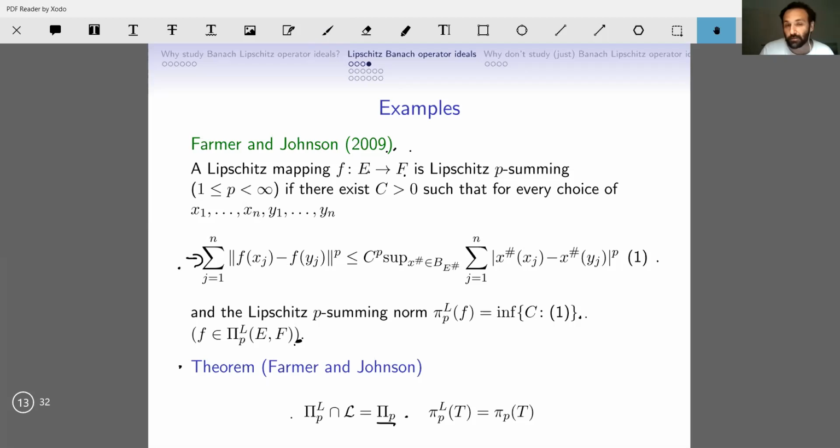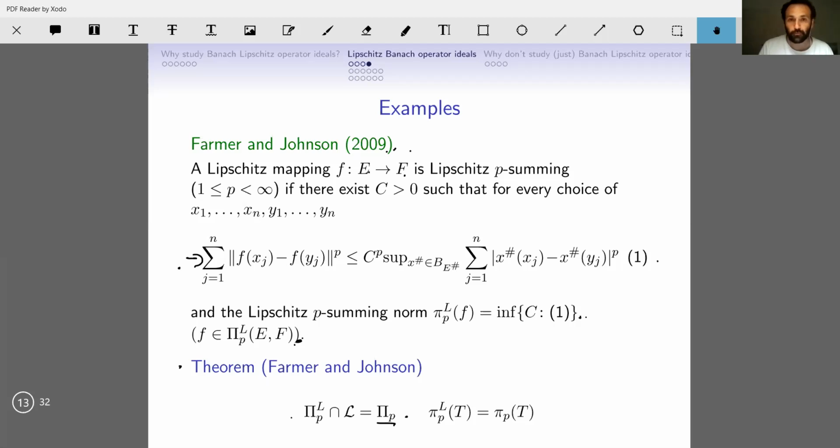This example was very inspiring for many researchers, and inspired by this article, many authors have introduced a lot of Lipschitz mappings that extend some linear operator ideals.